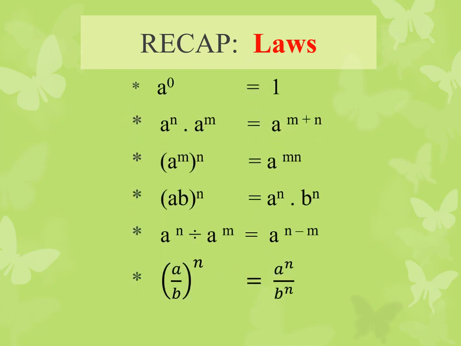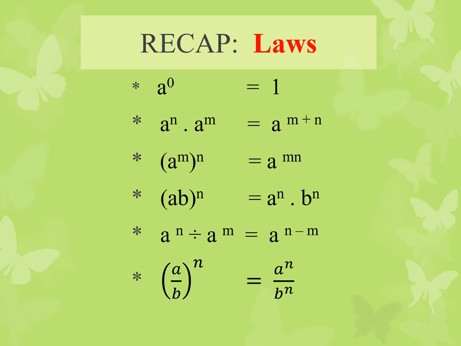Let's recap some laws of exponents and rules for that matter. We will remember that any number to the exponent 0, a exponent 0, is equal to 1.